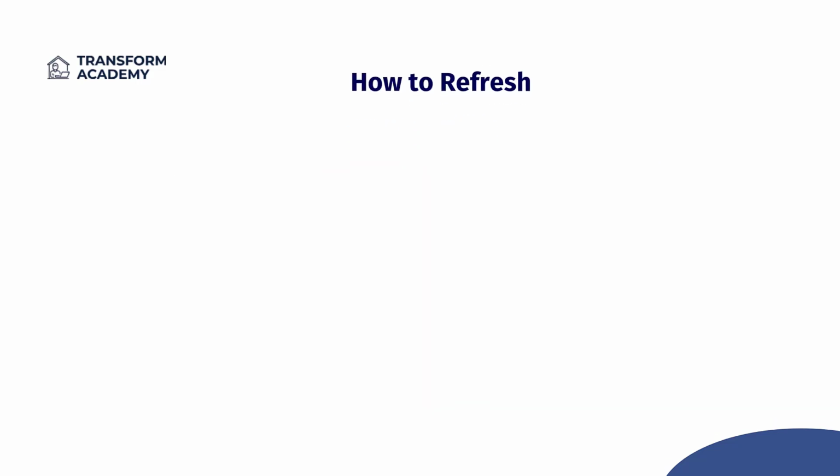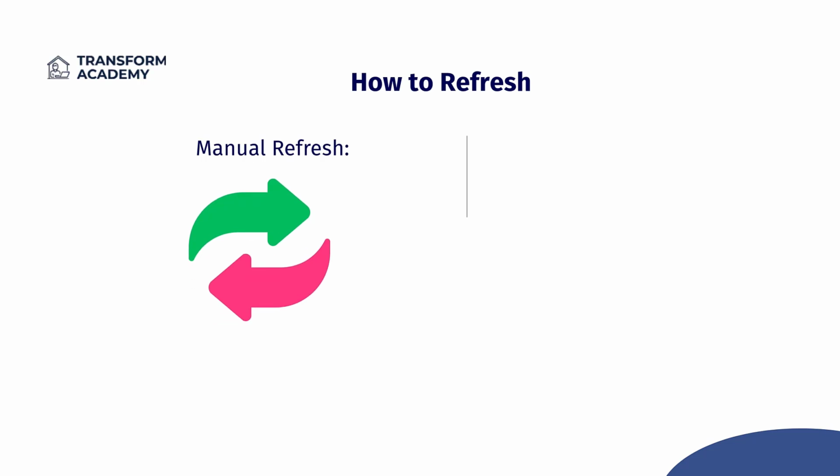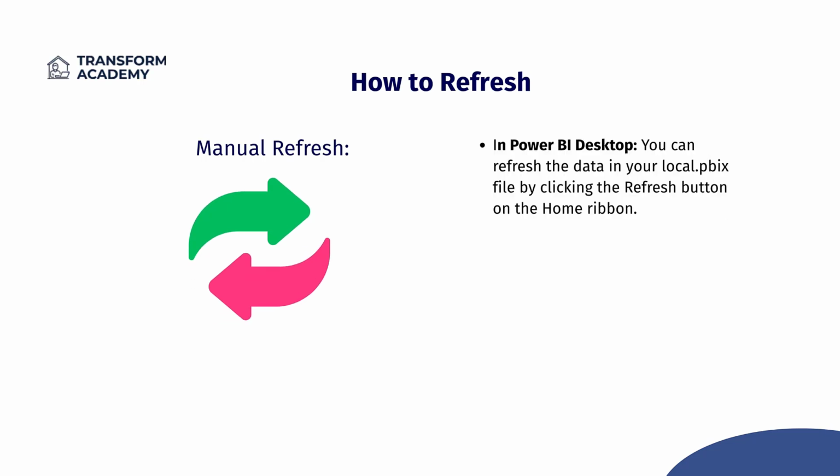How to refresh. Manual refresh. In Power BI Desktop, you can refresh the data in your local file by clicking the refresh button on the home ribbon. This updates the data within the desktop application only and does not update the published semantic model in your service.